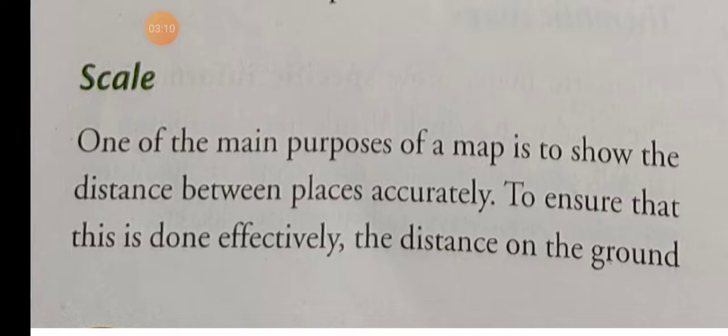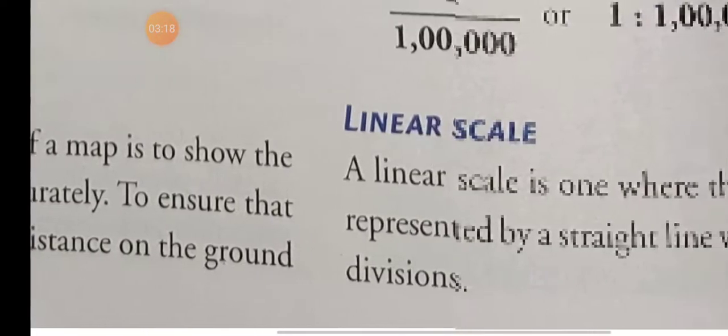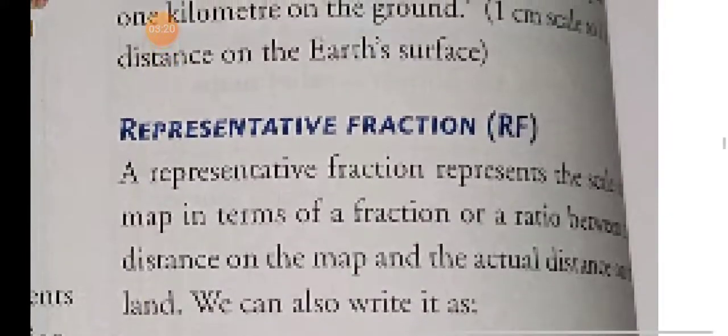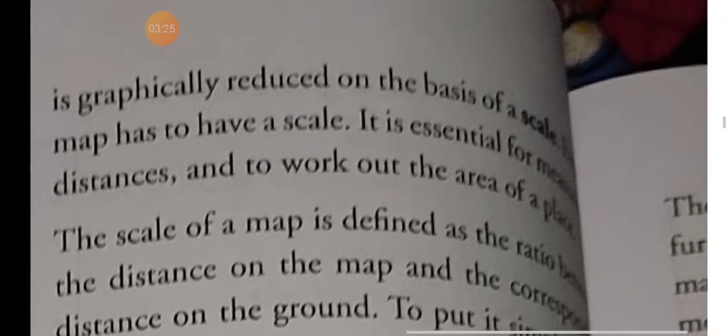It ensures that this is done effectively, and the distance on the ground is graphically reduced on the basis of the scale. Every map has a scale and it is compulsory, essential for measuring distances and to work out the area of a place.